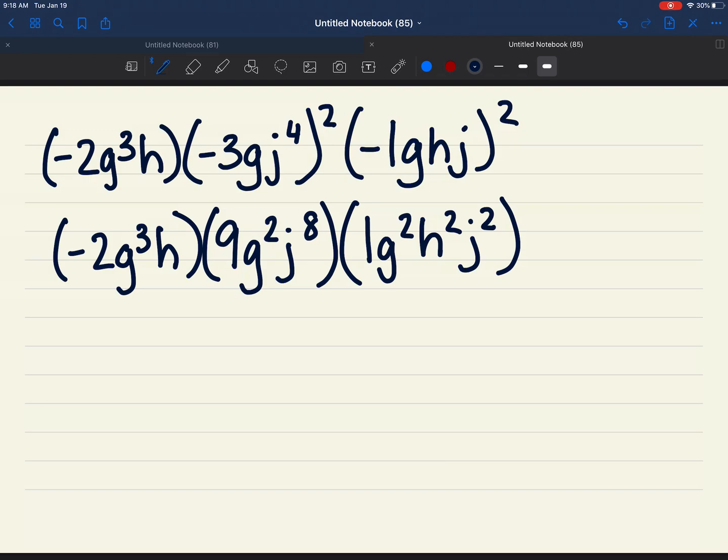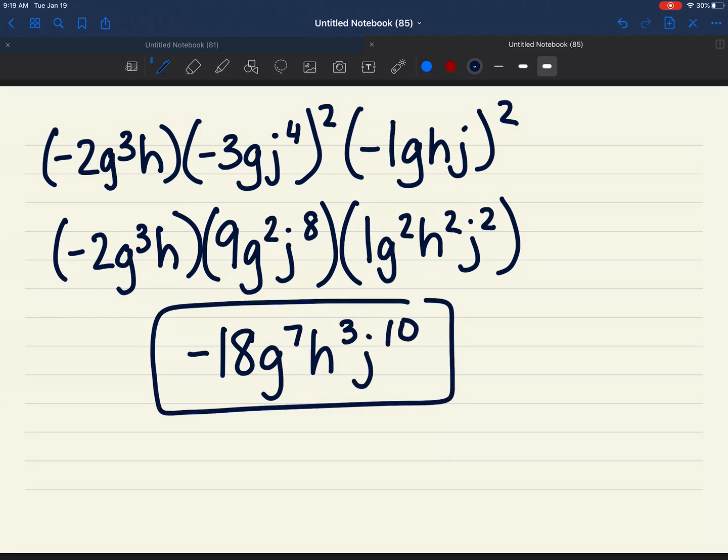What are you going to do with your exponents now? Add them. Yes. Okay, so multiply those numbers. Negative 2 times 9 times 1. Negative 18. Okay, we're going to add our exponents. So g cubed times g squared would give you g to the 5th. For h, you have 1 and 2 for a total of 3, and then for j, it's 8 and 2. Good.